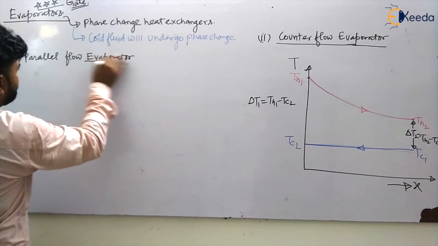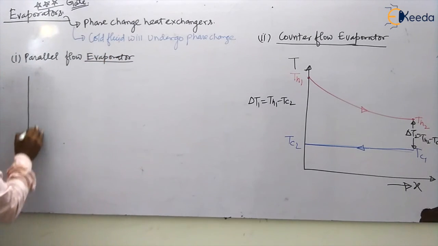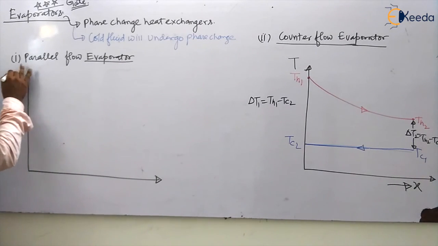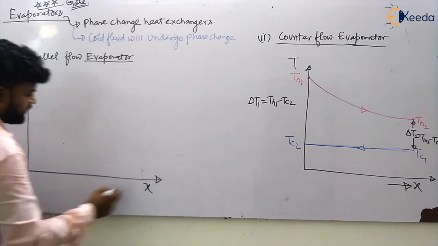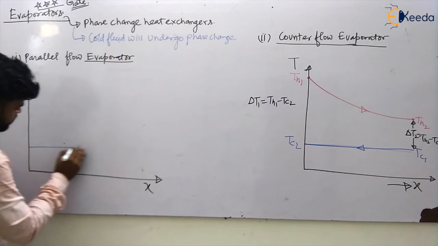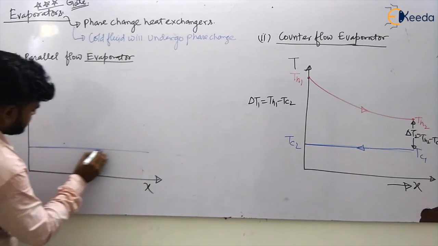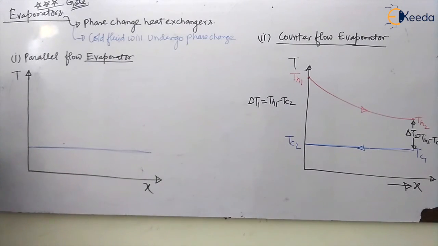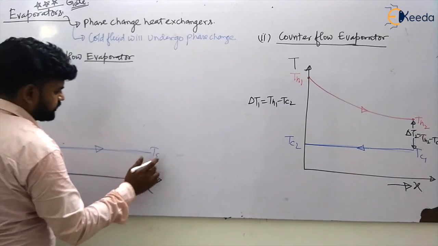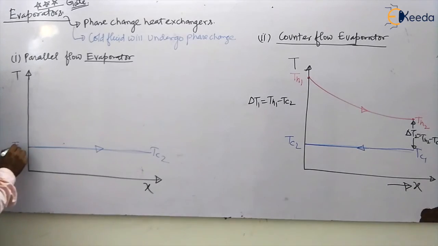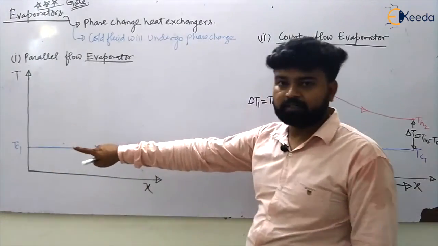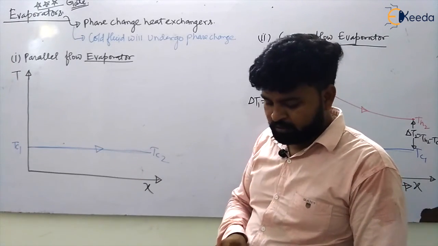In the evaporator, the cold fluid is undergoing phase change, and this is X. Again I have this. This will be your TC1 this side and TC2 this side.